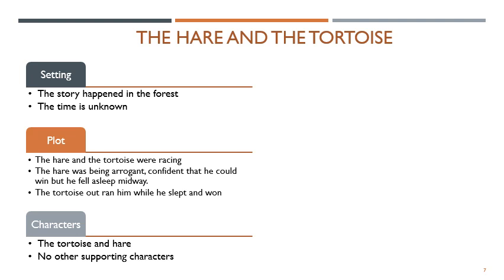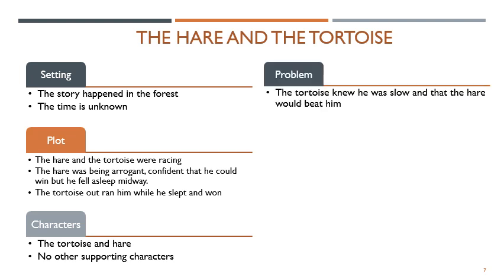So the characters, if it isn't obvious, are the tortoise and the hare. And from what I remember, there are no other supporting characters. Right? The problem in the story is that the tortoise knew that he was slow and that the hare would beat him.